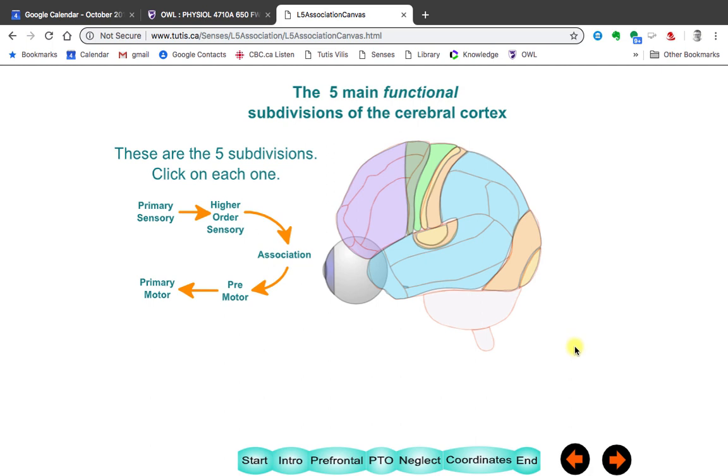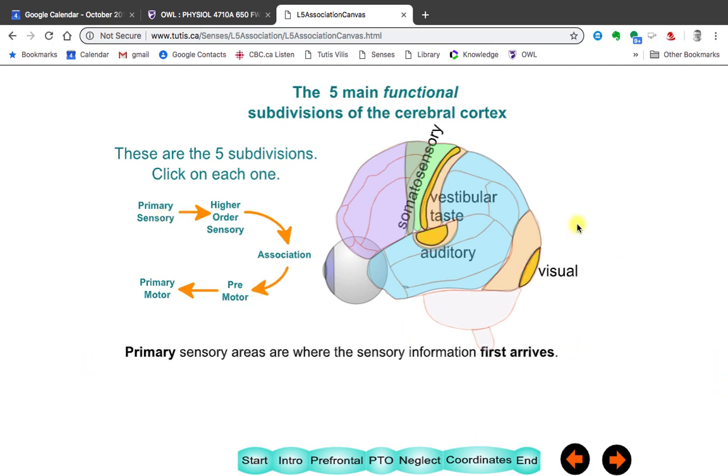And we found out that first information comes into V1, and that's back here. Well, it also comes into the primary areas for the other senses as well. One of these lies here, and that's where all your sense of touch comes from, and partly taste, and partly vestibular, but mostly touch.